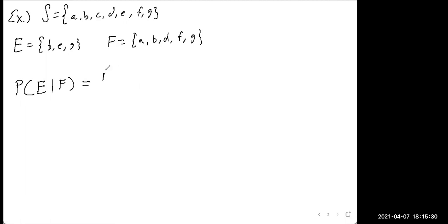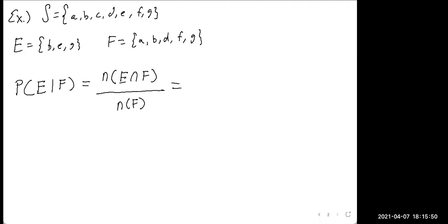So by definition, that is the number of things in E intersect F over the number of things in F. So let's see, what do they share?